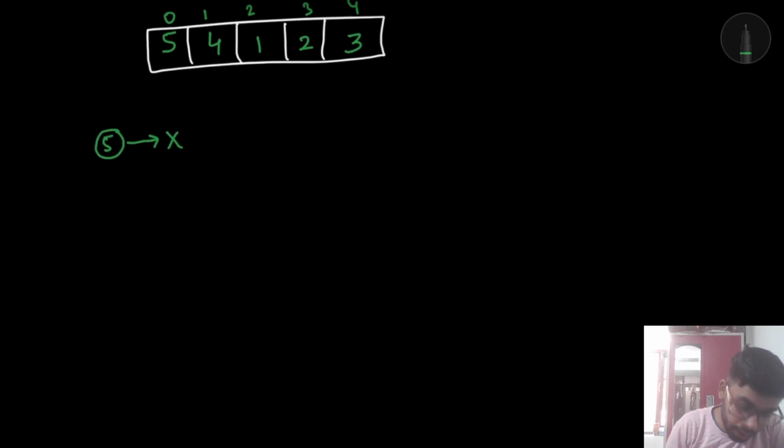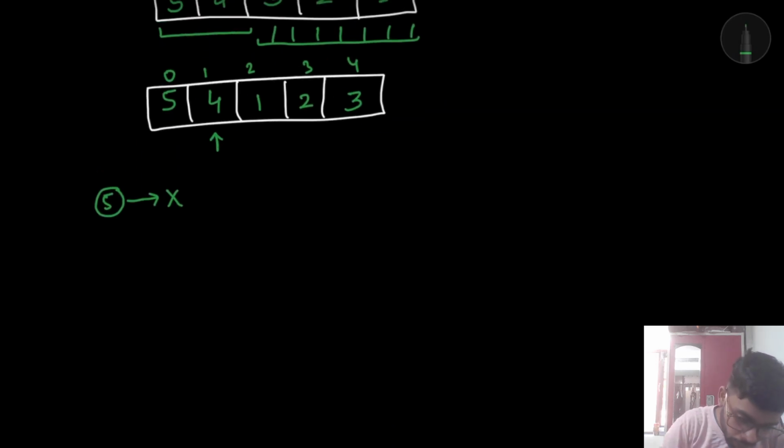Then we will iterate from the first index, leaving this index, because we have already initialized the head here with the new node.